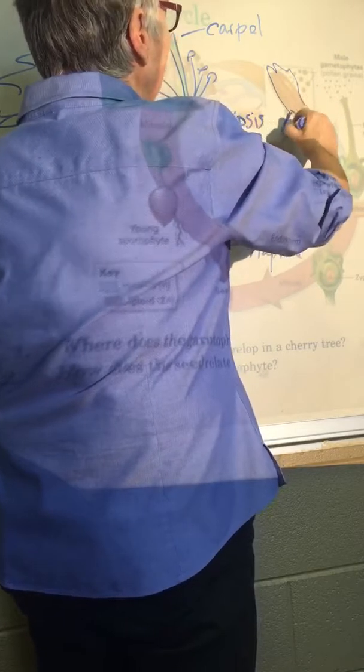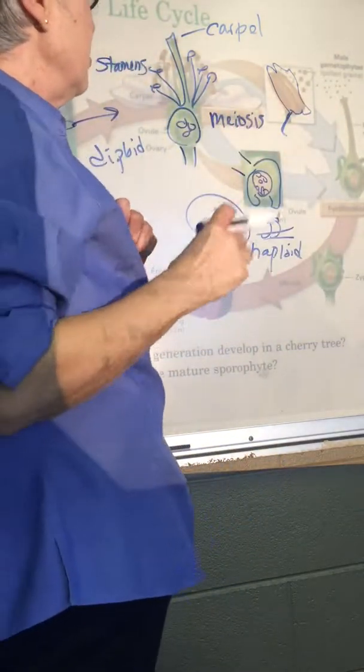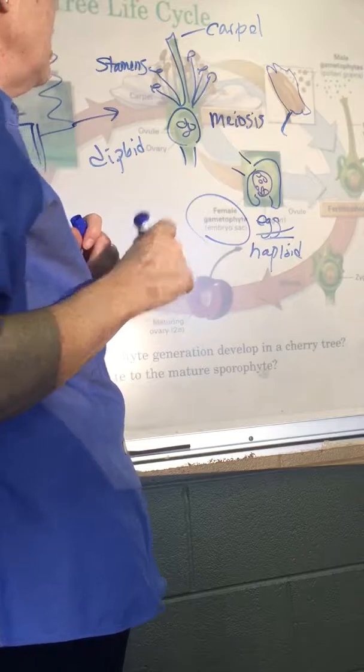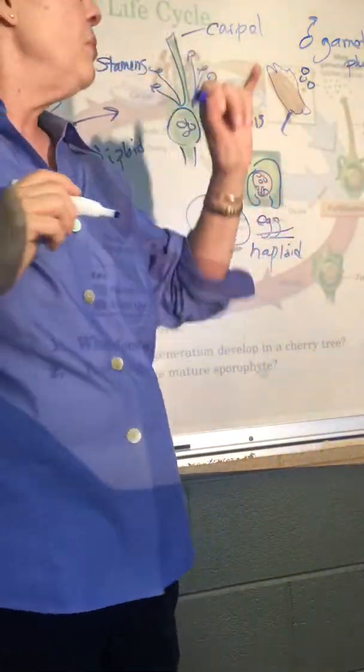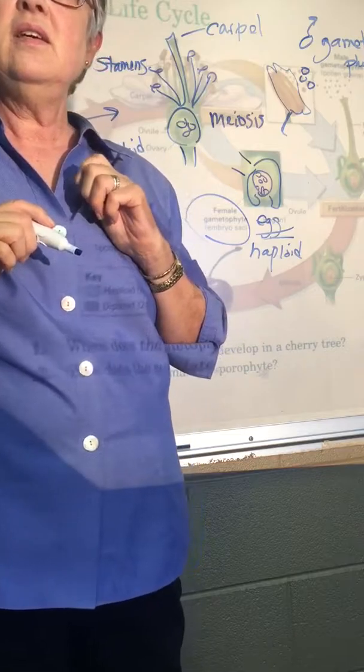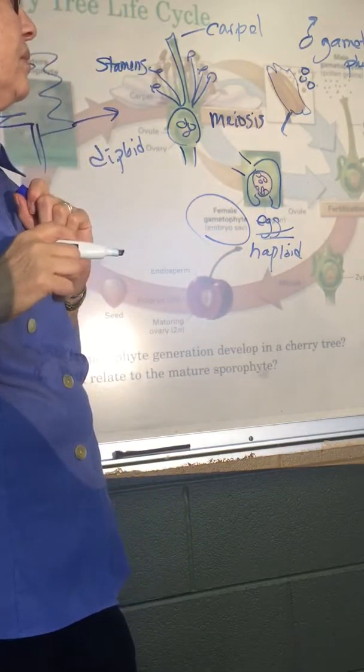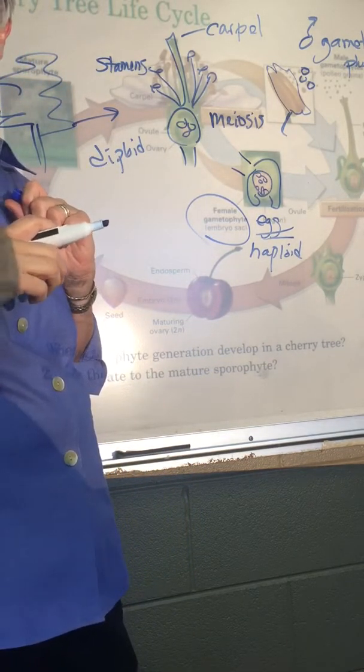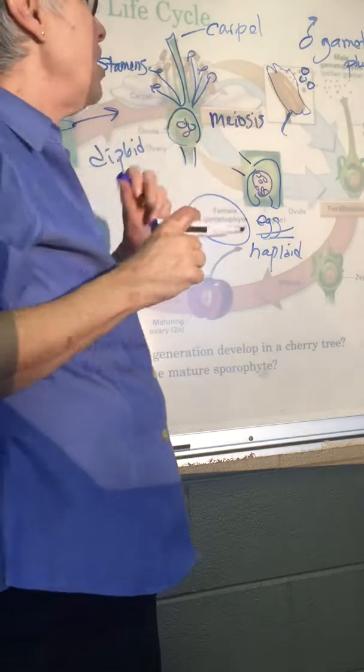They usually look kind of yellowish, and you'll see pollen grains coming off of them. The pollen grain represents the male gametophyte. And the pollen grain contains the sperm, and they were developed or produced via meiosis, so they are also haploid.